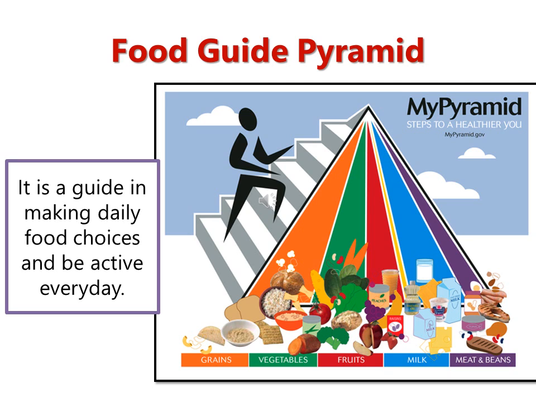Now, in order for you to attain a normal nutrition, there are several guides that we can use to help us make daily food choices and be active every day. On the slides right now, you will see the food pyramid guide. What is the importance of this guide?